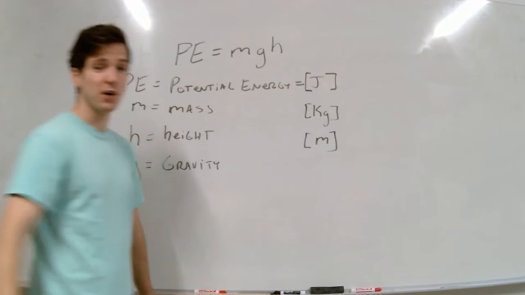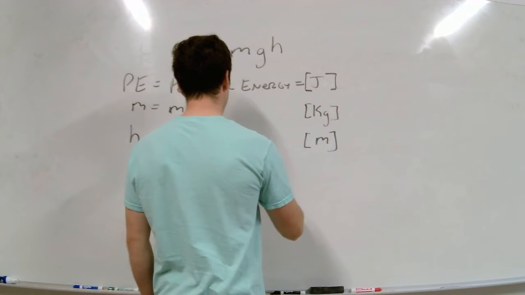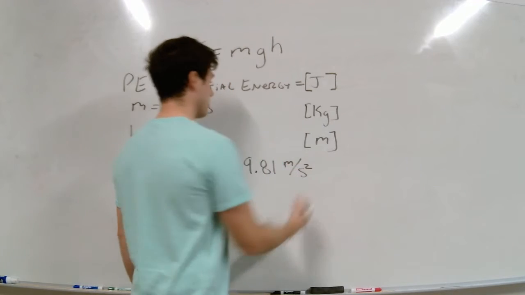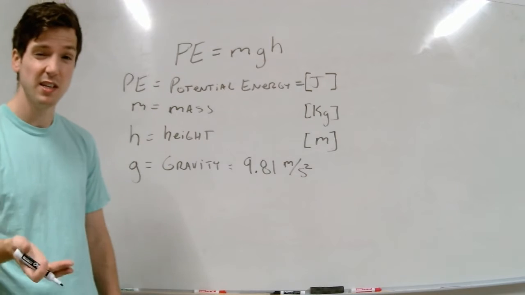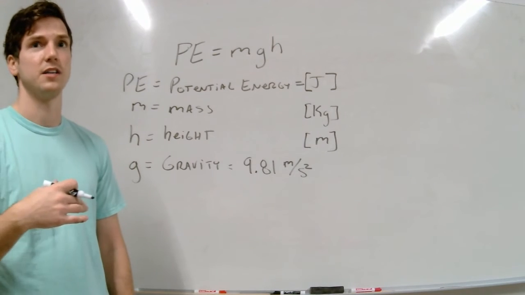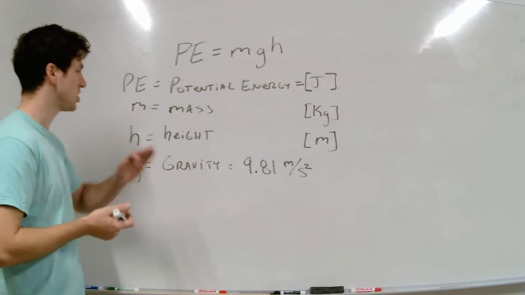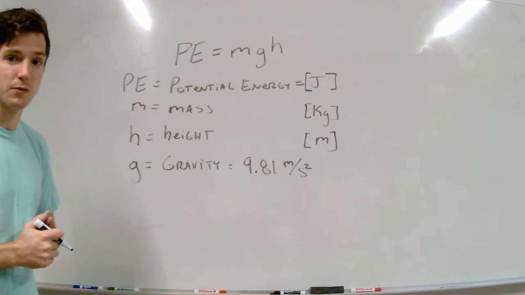Okay, if you're on Earth, your acceleration due to gravity is going to be 9.81 meters per second squared. So G is always going to be 9.81. It's like C equaling 3 times 10 to the 8th, or it's like in the ideal gas law, R equals 0.08206. G just equals 9.81. So that's the equation that we're dealing with, right?